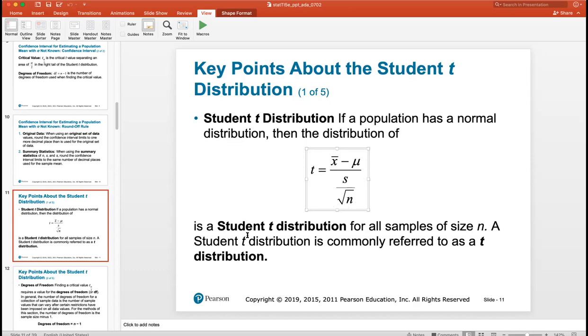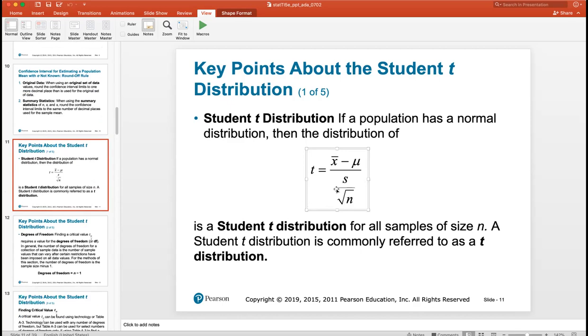That is a student t distribution for all samples of size n, and a student t distribution is commonly referred to as a t distribution. The formula is really similar to the formula of the z-score, right? And as n increases, s over square root n approaches sigma. That's why the graph of the t distribution approaches the standard normal distribution as n increases.